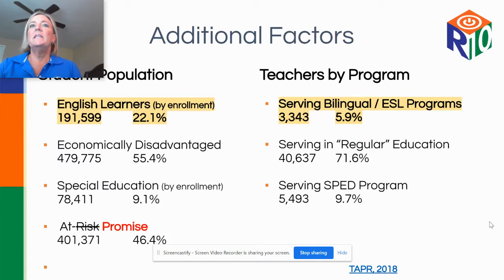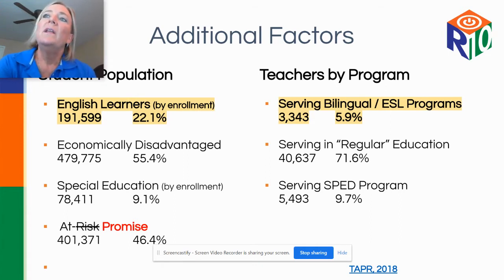In addition to the ethnicity, there are other factors that affect our students, those being English learners, our economically disadvantaged, our SPED population, as well as our at-risk, or rather, our at-promise students. Now, we do have some in our staff who are designated to serve those special populations.